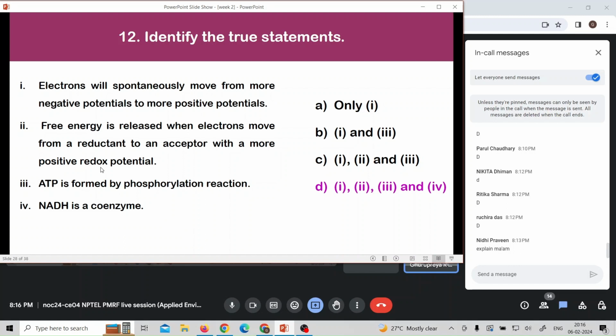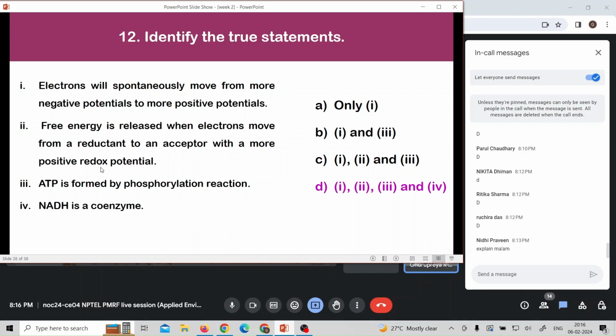The lower part of the tower is going to get reduced. That is why these are called reductants, because they facilitate the reduction reactions. When the electrons move from the upper part to the lower part, it is going to be spontaneous, and we can expect energy being released here.